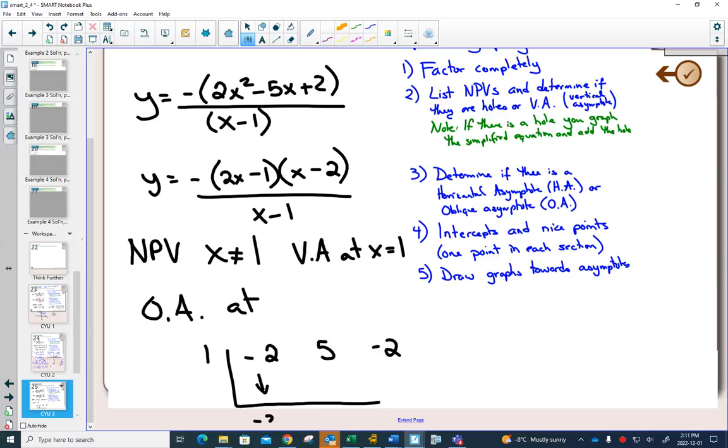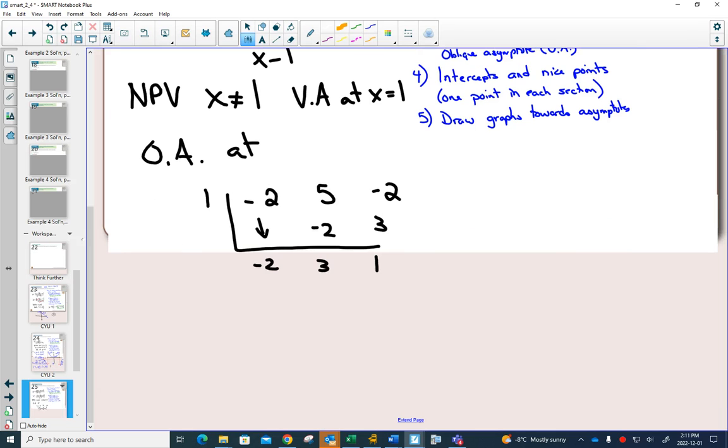Bring down the -2, multiply, add, multiply, add. Ignore the remainder. The -2x plus 3 will be your asymptote.